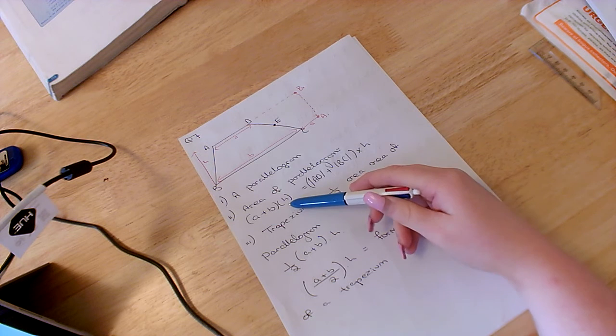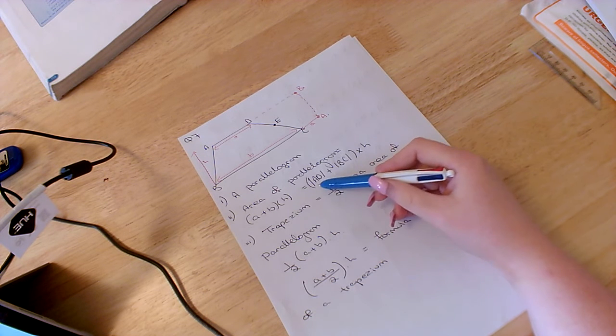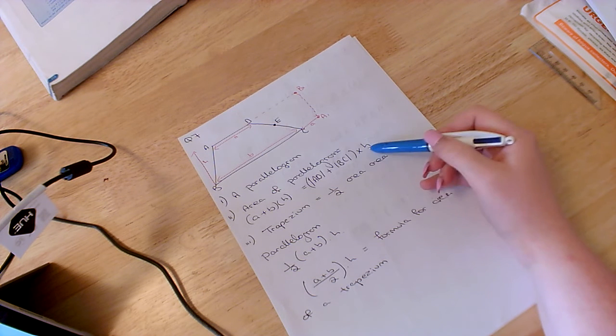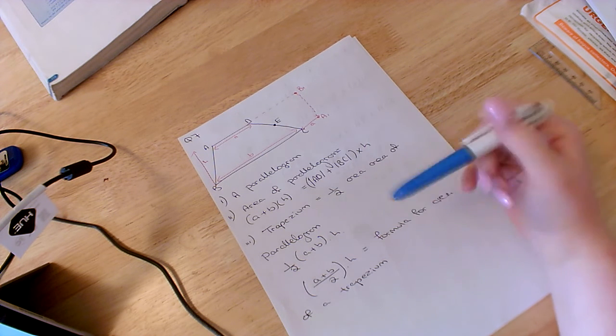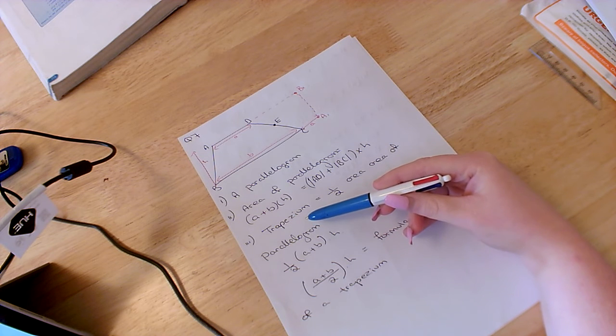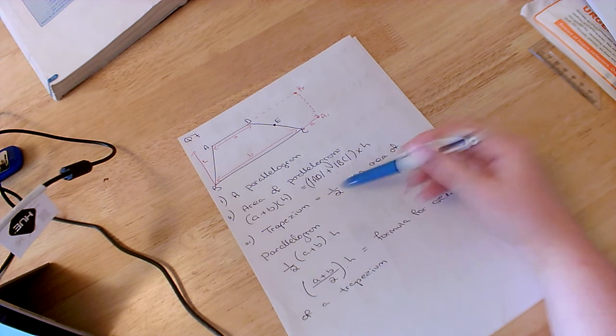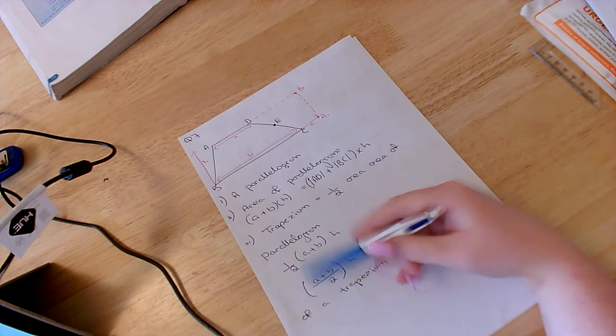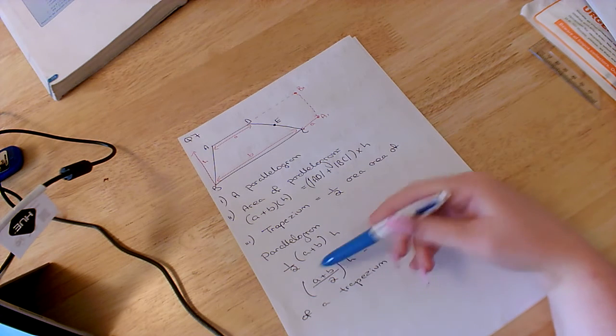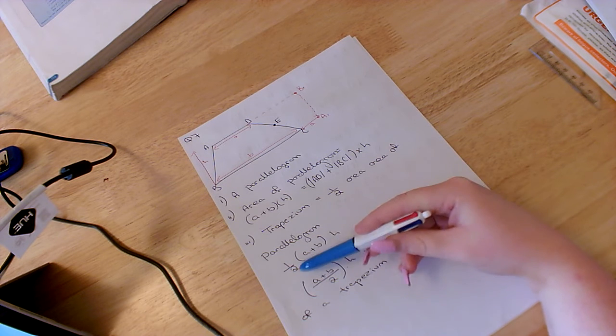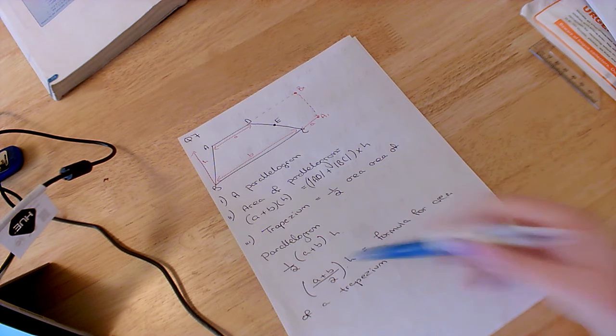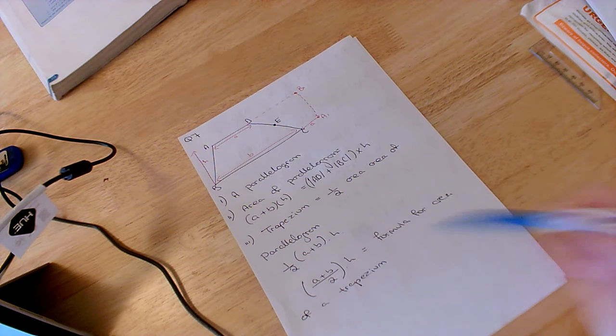So it's going to be (AD plus BC) times my perpendicular height, and then a trapezium is half the area of the parallelogram. So half of (A plus B) H, so it's going to be (A plus B) over 2 times H, and that's my formula for the area of a trapezium.